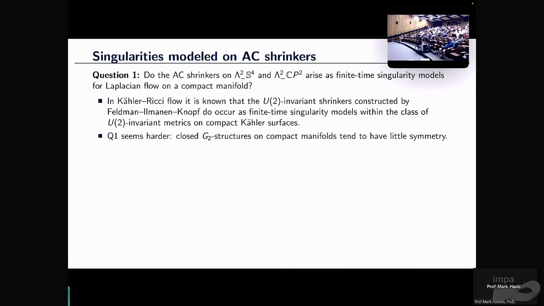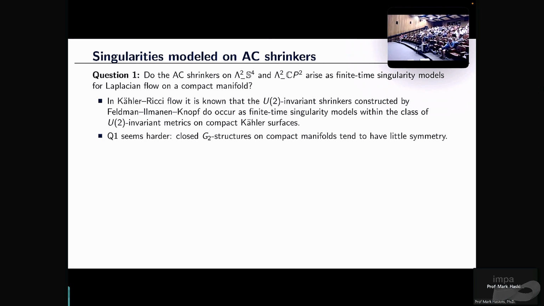For instance, there are some shrinkers with symmetry that were found by Feldman, Illman, and Knopf, and they have a U2 symmetry. If you study U2 invariant metrics on certain compact Kähler surfaces, then you can indeed show that those arise as finite time singularity models.